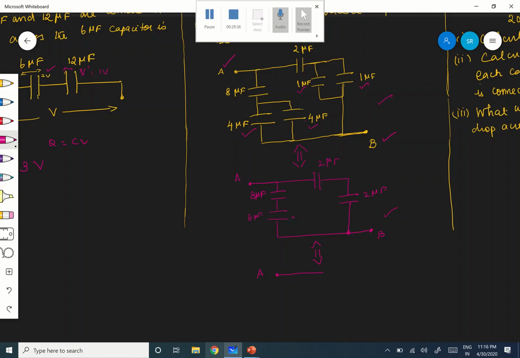Therefore, what will be the net equivalent capacitance? 8 by 2, correct? Therefore, it will be 4. Are you following? Okay, therefore, let me write this one as 4.